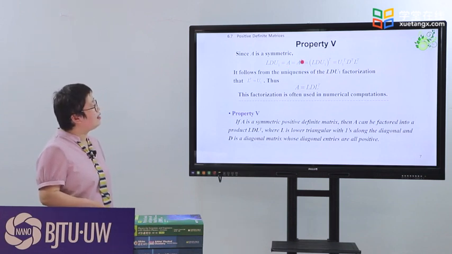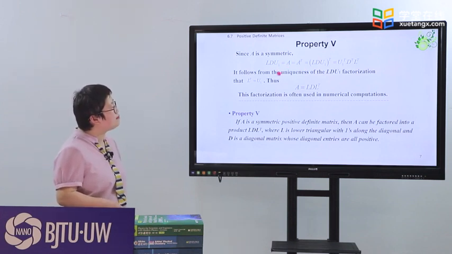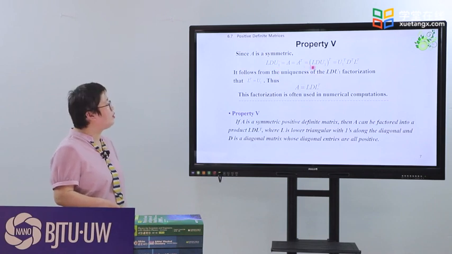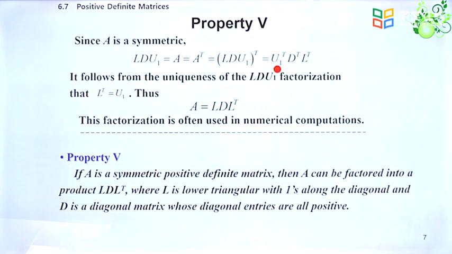When we take the transpose of this matrix multiplication, it equals U1 transpose times D transpose times L transpose. It follows from the uniqueness of the LD U1 factorization that L transpose just equals U1. Thus, A can be written as L D L transpose. This factorization is often used in numerical computations.